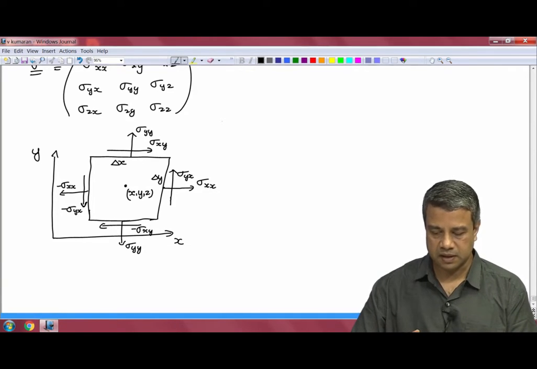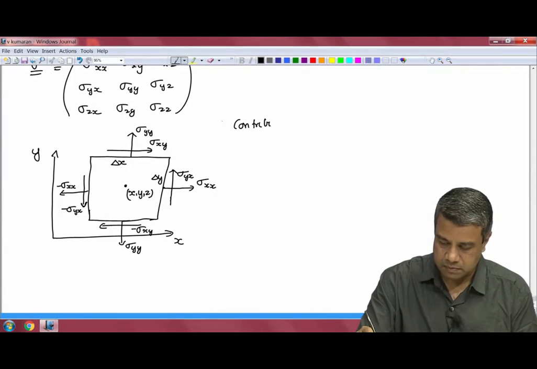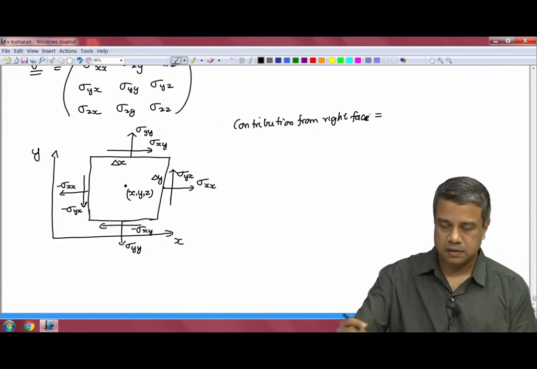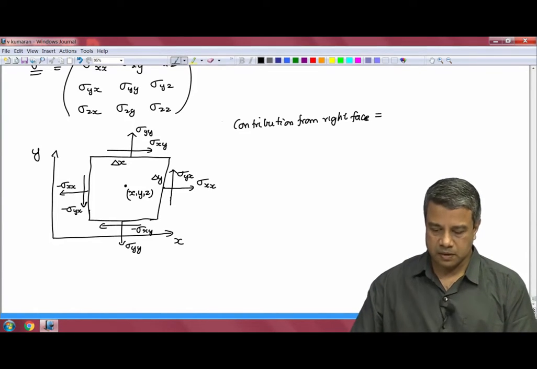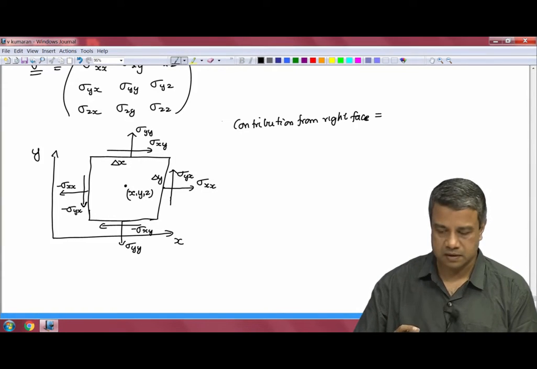So, the contribution from the right face to the torque is going to be equal to the tangential force multiplied by the distance from the axis of rotation.